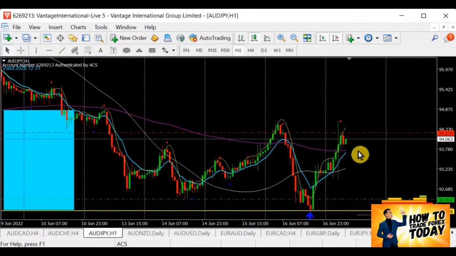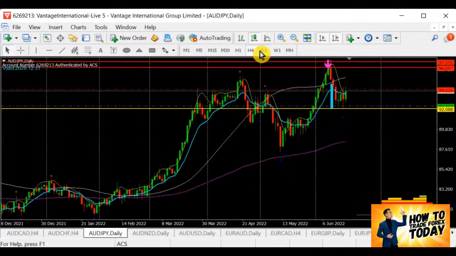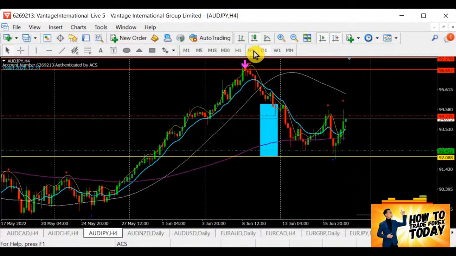So Aussie yen, if we are going to trade this, very likely we are going to sell at the resistance. Although this is at the verge of bull or bear and is very close, just wait for it to test the resistance before we take any action.